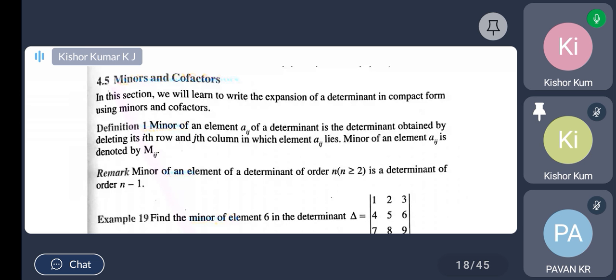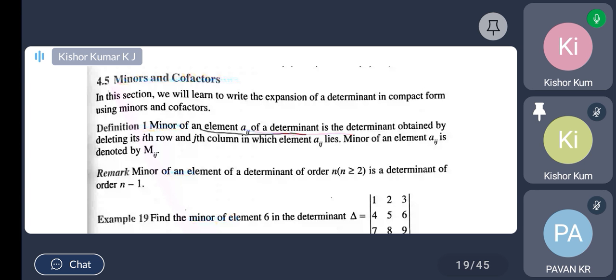Definition 1: The minor of an element aij of a determinant is the determinant obtained by deleting its ith row and jth column in which element aij lies. See, while evaluating or expanding the value of the determinant, we follow one step.